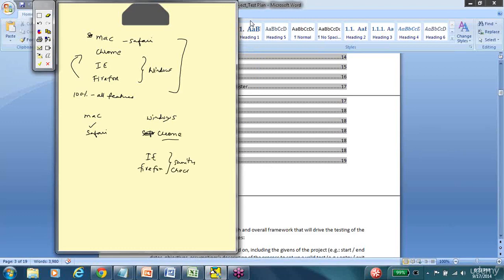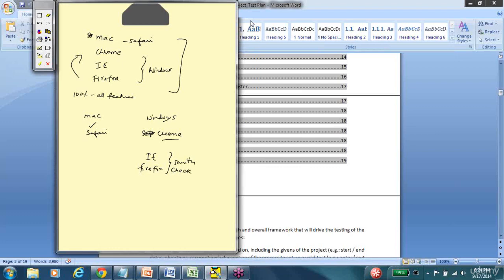So you've come up with a strategy wherein you're breaking down your test platforms and what browsers you're using, and you're actually minimizing your work, maximizing your results. Now this would be strategizing. So this would be like coming up with a strategy on how to test effectively in the shortest available time.